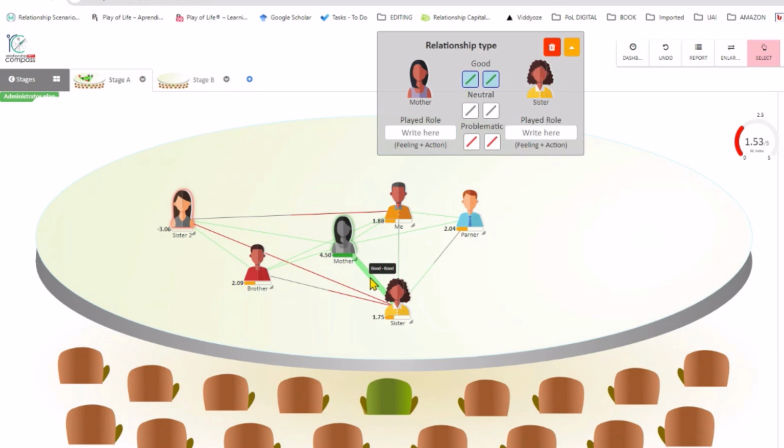Both sides, or only one side? No, my mother was good towards my sister. My sister towards mother was problematic. And your brother with her? Mum to brother, good. Brother to mother, problematic.